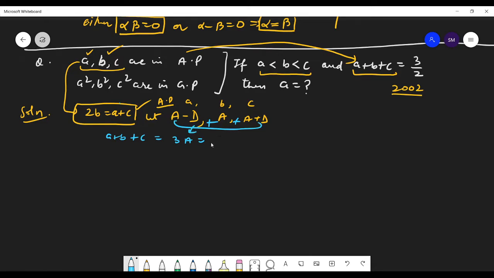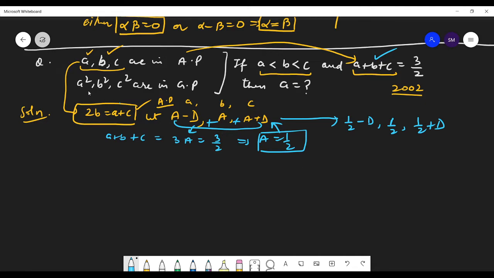That's the advantage of taking these 3 terms like this. This was given to you, so obviously it will be used. And from here, A is equal to 1 by 2. So these numbers are 1 by 2 minus D, 1 by 2, and 1 by 2 plus D.